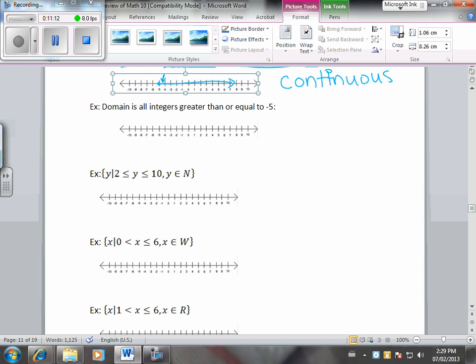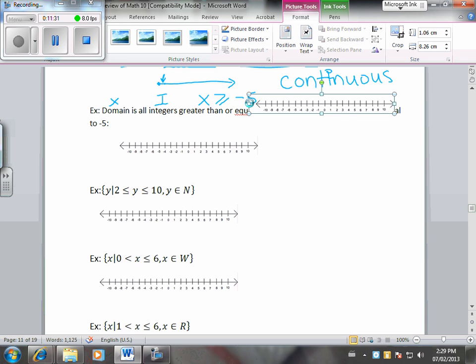So domain is all integers greater than or equal to -5. So again, we're working with x. Now we're working with integers. And we're still in greater than or equal to -5. So this is all integers.